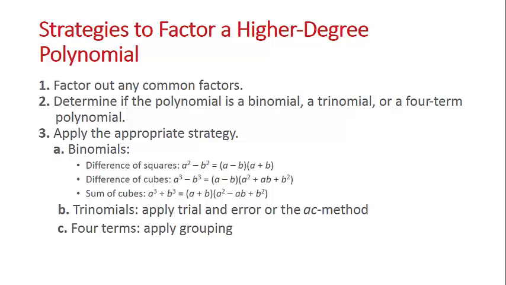If we have a binomial, then we will apply either difference of squares, difference of cubes, or sum of cubes, and use the appropriate factoring pattern. If it's a trinomial, we will apply trial and error or the AC method, and if there are 4 terms, we will apply grouping.